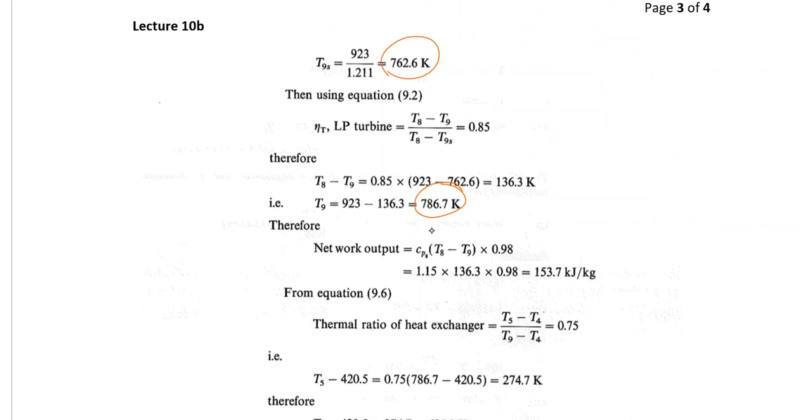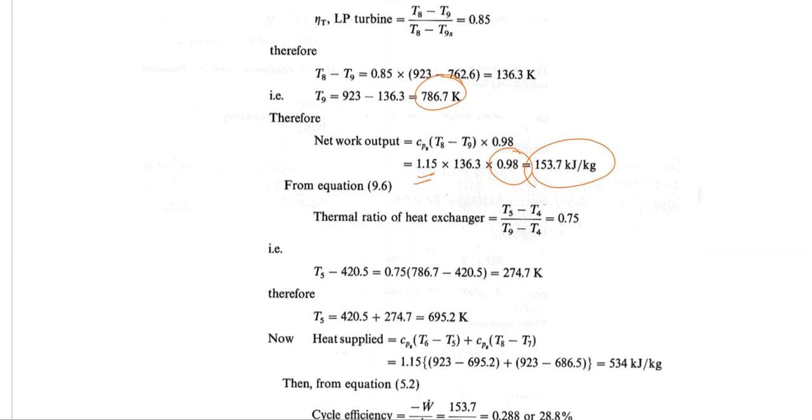So T8 minus T9, multiplied by Cp, gives the work done of the second stage of the turbine, which would be equal to 153.7. Yes, they have already multiplied with the efficiency of 98%, as there would be loss from the generator and the turbine. So this is the net work output of the low pressure turbine.